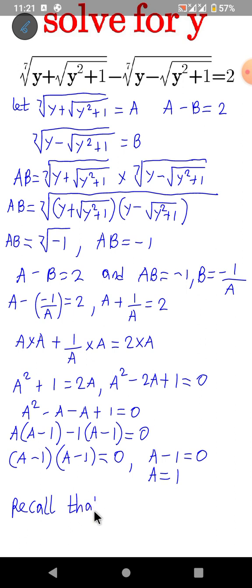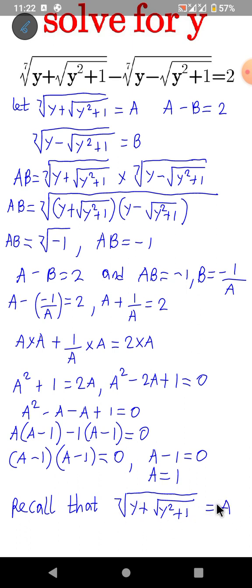Then now we can recall that the seventh root of y plus the square root of y squared plus 1 is equal to a.